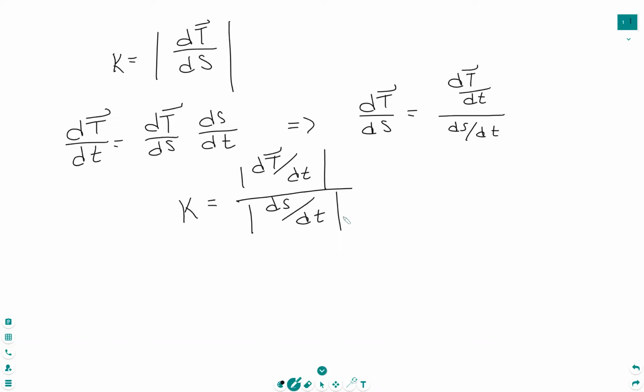Can we rewrite this in some way? So s is this arc length, and this is asking how the arc length changes with respect to time. We can take a verbal approach while we're just talking through it, or we can brute force this and figure it out. So let's take the verbal approach first. Arc length represents the distance traveled.